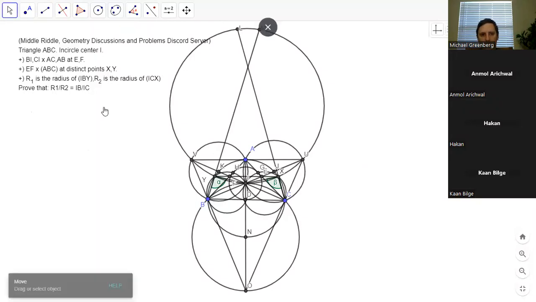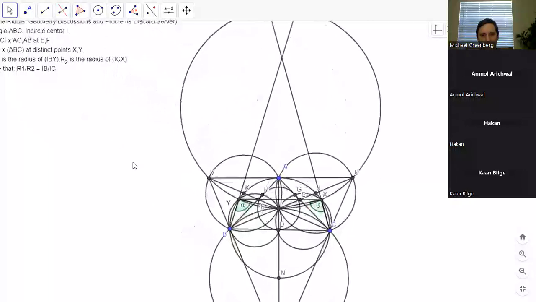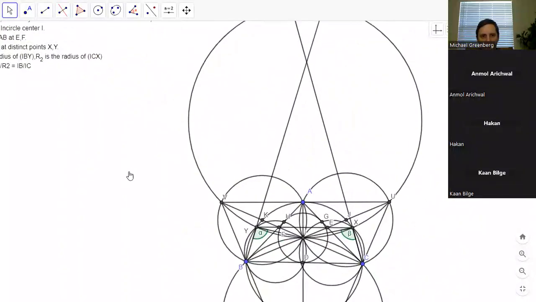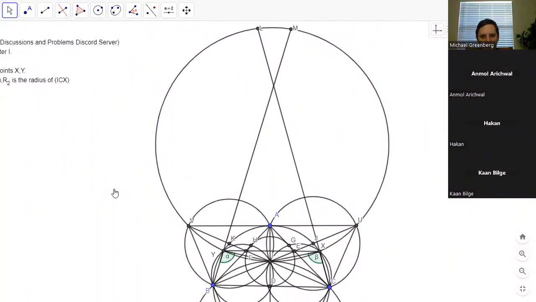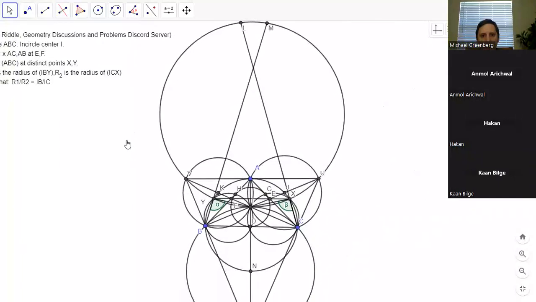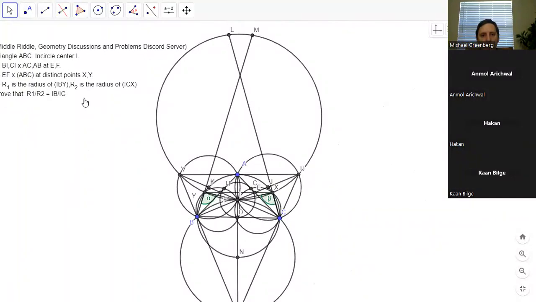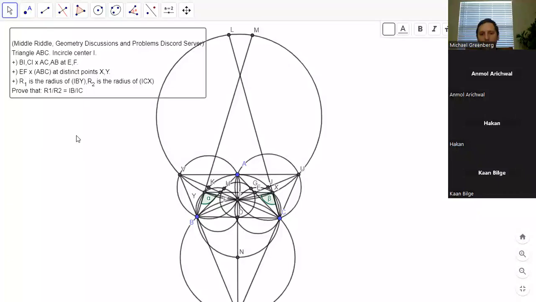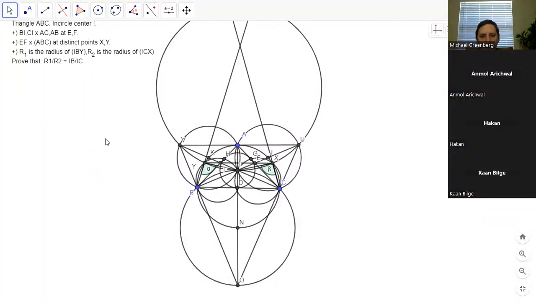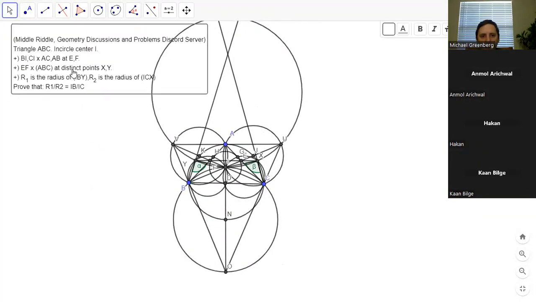What were you thinking about doing with the AX center? I think I solved the problem, but I'm having a hard time adapting to your configuration. Mine is so different. Okay.